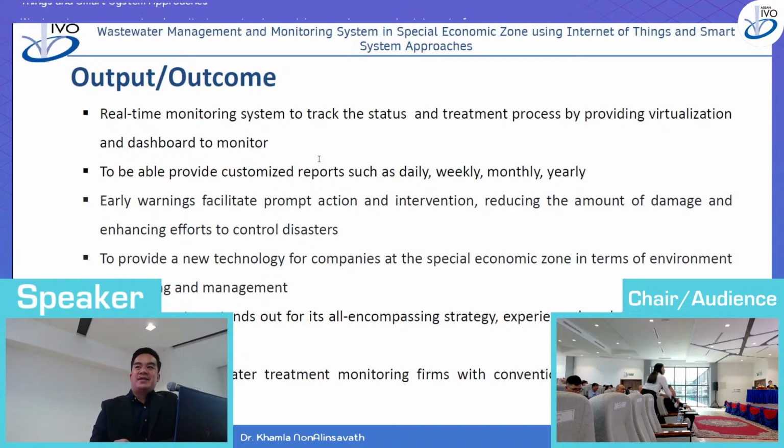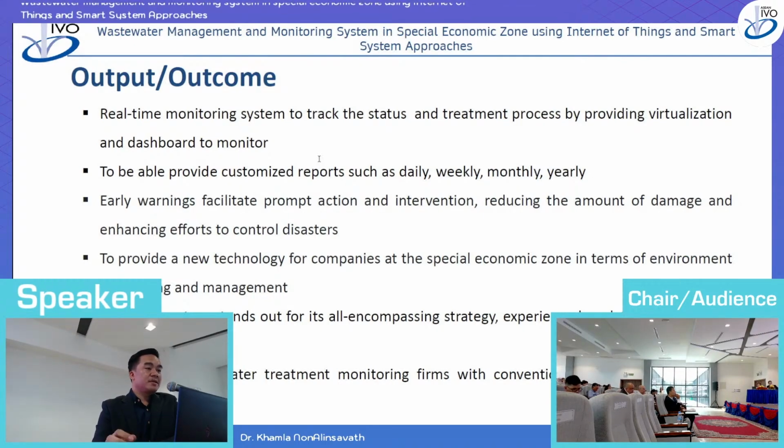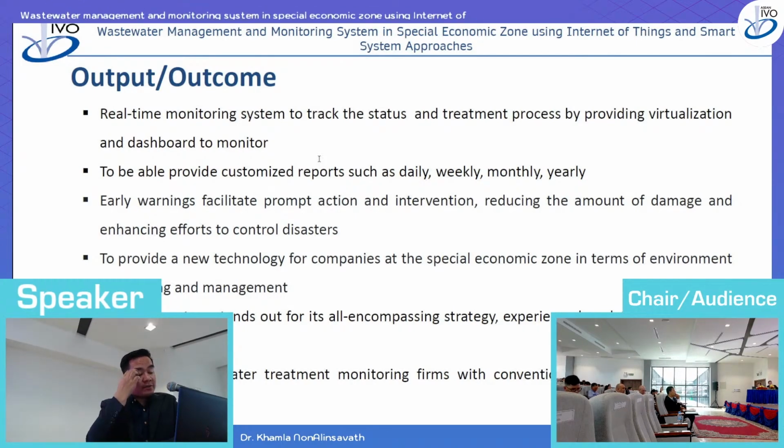Actually, I'm not really sure about this technology for other countries, because we have some research papers or journals that also have something like this.